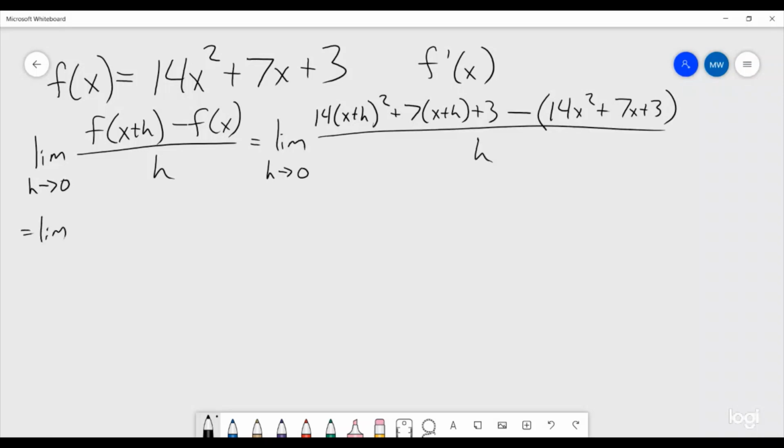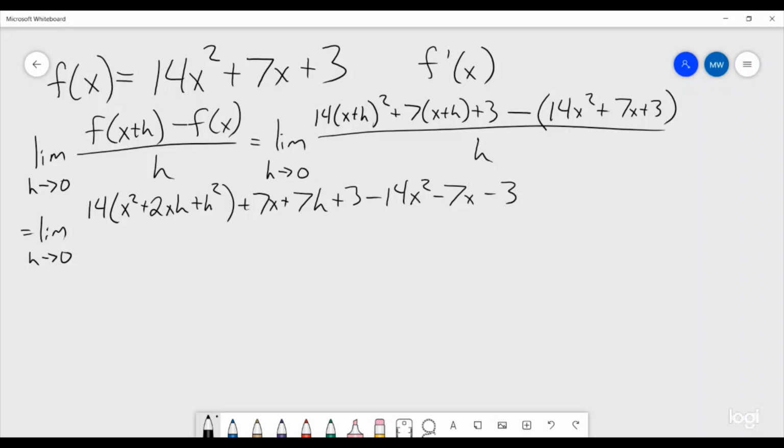So this will be the limit as h goes to 0 of, expanding the top, we get 14 times (x squared plus 2xh plus h squared) plus 7x plus 7h plus 3 minus 14x squared minus 7x minus 3, all over h.